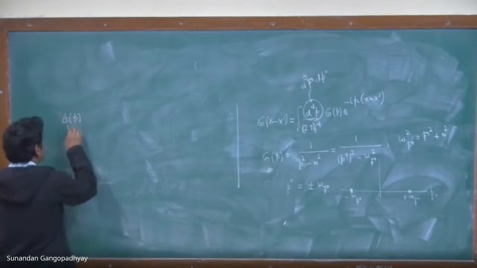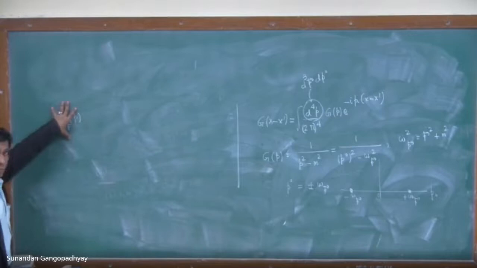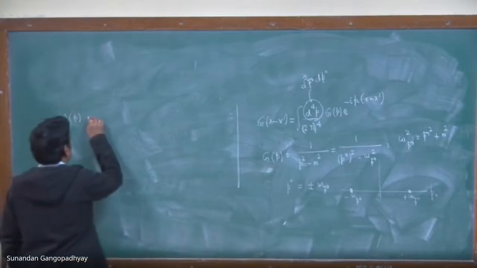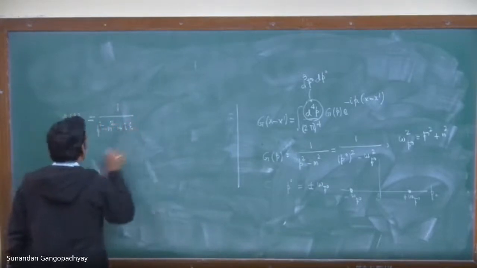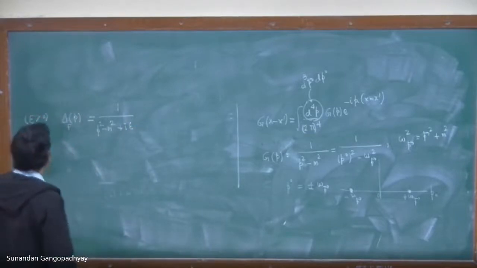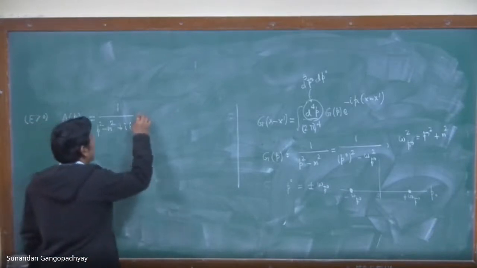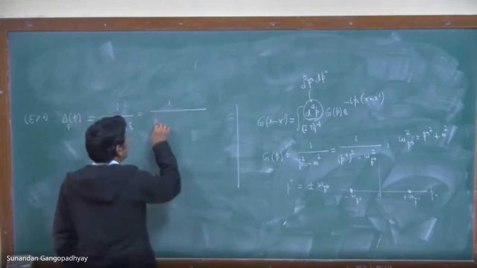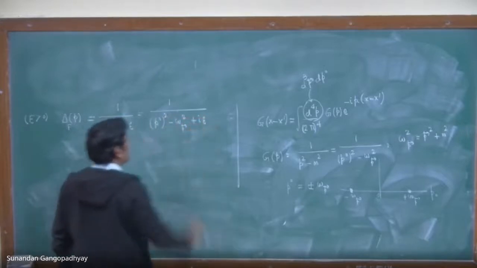So this is the Feynman Green's function in the momentum space, and this Green's function is basically given by 1 over p squared minus m squared plus i epsilon, where epsilon is greater than 0. So this is the Feynman epsilon prescription, and this basically tells us that this is p0 squared minus omega p squared plus i epsilon. Okay?